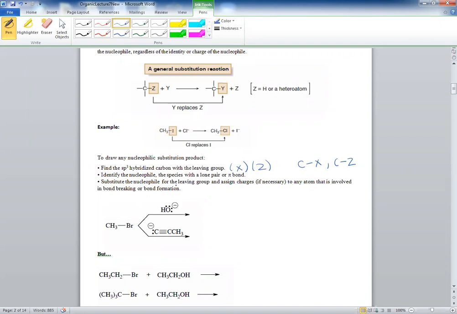And then you identify the nucleophile, like in this case, with the lone pair or the pi bond. Mainly, of course, it has lone pairs. And then you substitute the nucleophile for the leaving group and assign charges, if necessary, to any atom that is involved in the bond breaking or bond formation. So as you saw here, Cl replaced I.